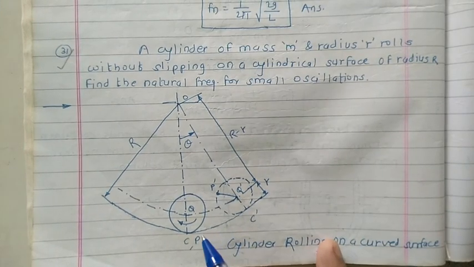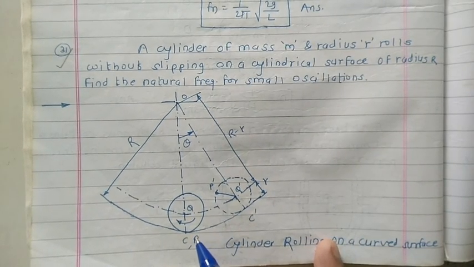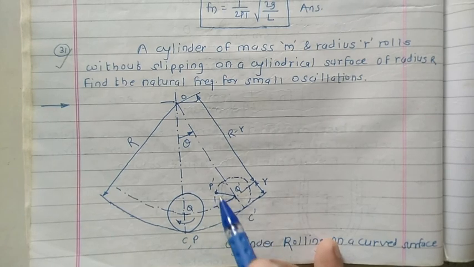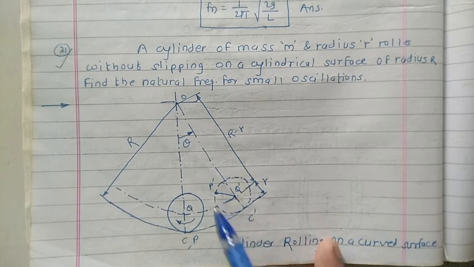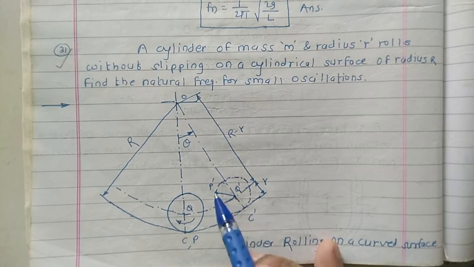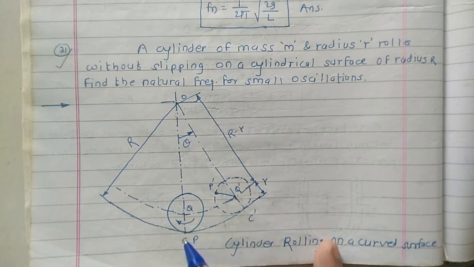As per our previous statement, arc C dash P dash is a small portion of this one, and the next one, arc CC dash, means this one. When this starts rolling on this surface, arc C dash P dash must be equal to arc CC dash.